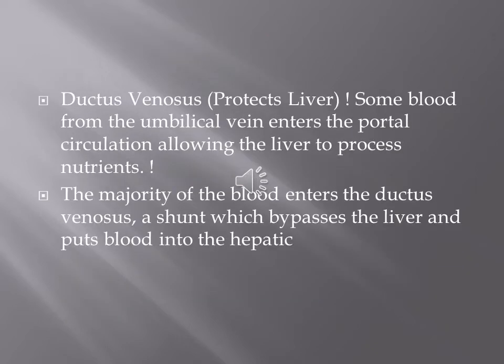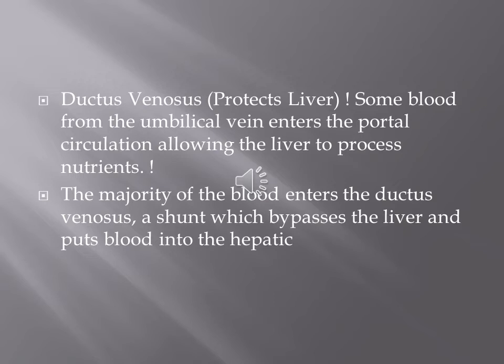What's occurring in the ductus venosus explains what's occurring in the shunts. The blood, when it comes, as you see in the previous diagram, the red arrow is blood, the umbilical vein. It comes from the vein directly to the liver. Some of it will mix with the portal circulation, which allows some of the nutrients to be synthesized in the liver.